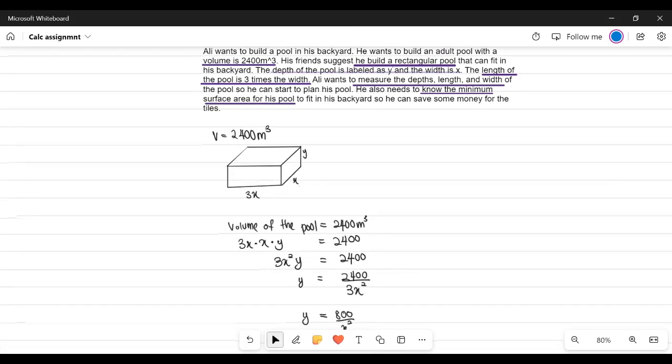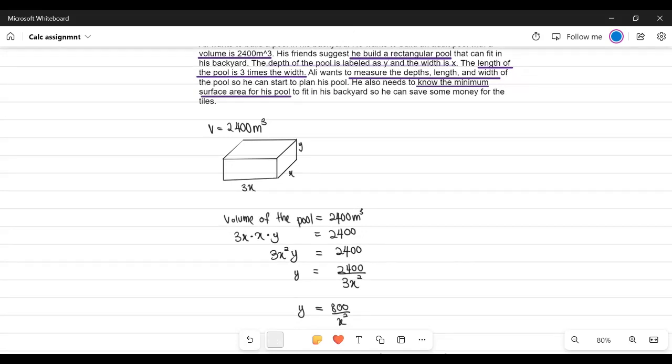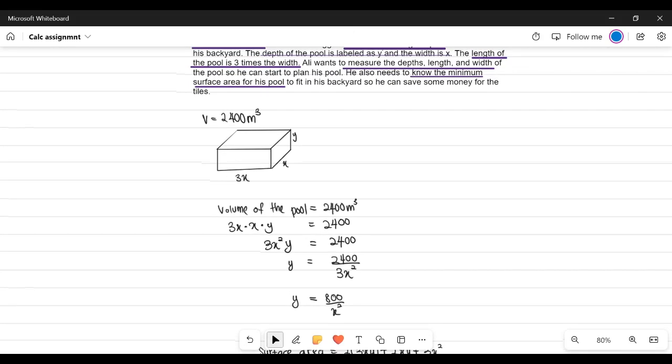Now, since we have the volume, we have to find the formula for the pool. The formula for a rectangular prism is length times width times height. The height is equal to the depth.